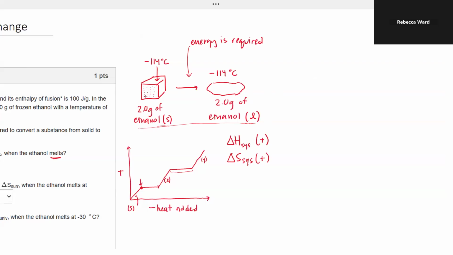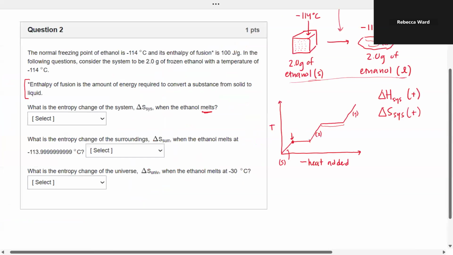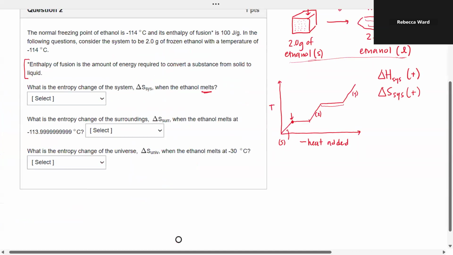As soon as they get here, now they can move around, right? And so that means a lot more positional freedom, which means many more configurations, which means an increase in entropy. Okay, so we can tie all of these concepts together even before we get to answering this question. Okay, so what is the entropy change of the system, delta S, when the ethanol melts?